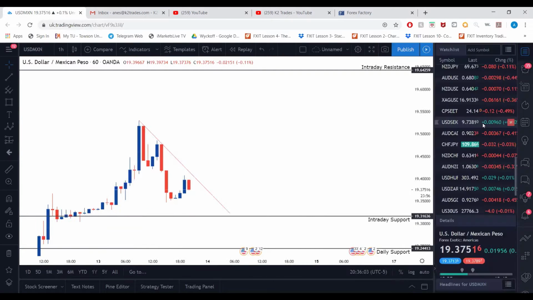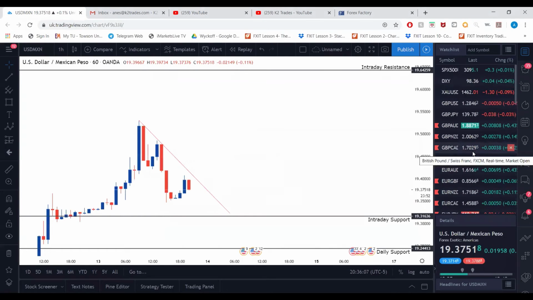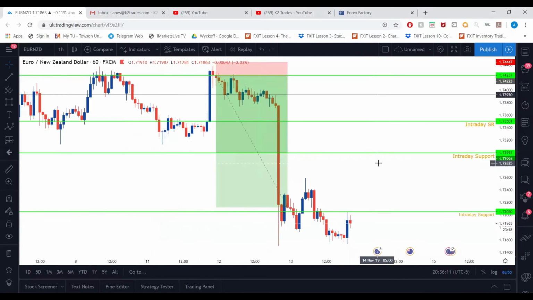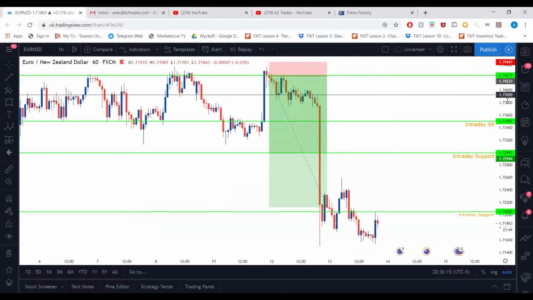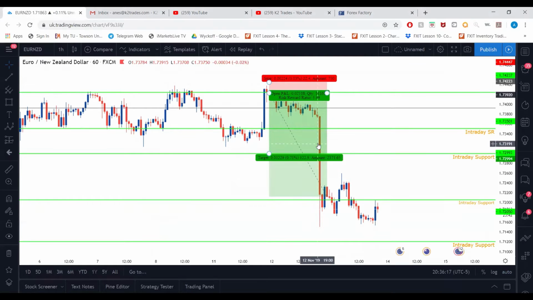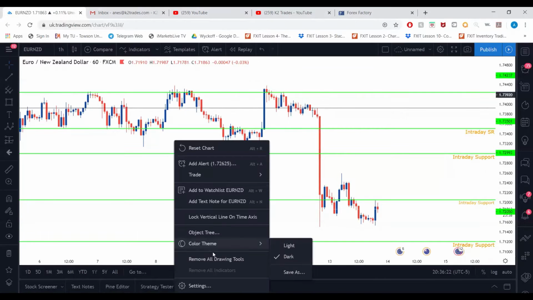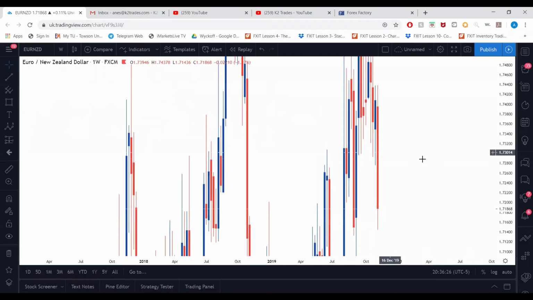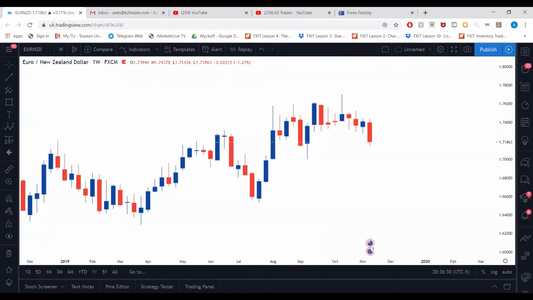So let's go EN. EN, I love that pair. It's one of my main pairs. Yeah, we had that. That was a nice trade there. Right, let's clear it all up. We're gonna do the same thing.